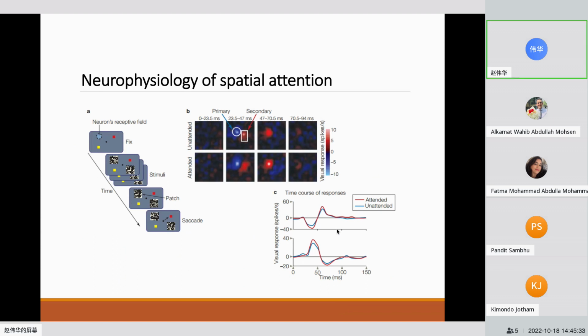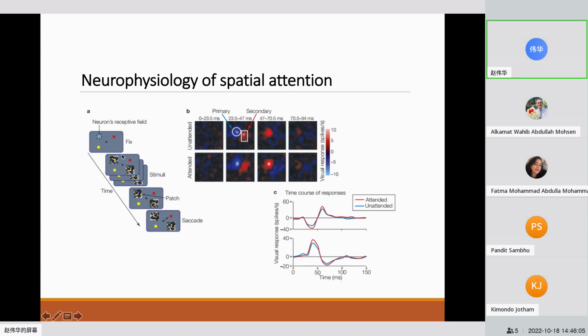Some other researchers also trained the monkeys to fixate on a central point, here the black point, and covertly attend a black and white flickering noise pattern. So here, these two are noise patterns, in order to detect a small colored pixel that could appear anywhere within the pattern.